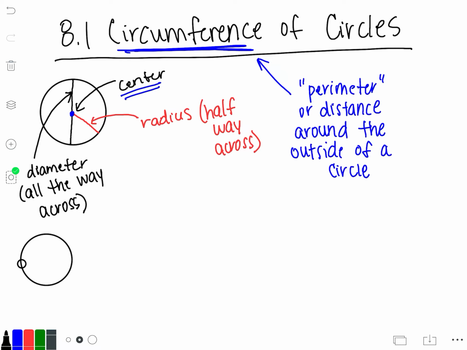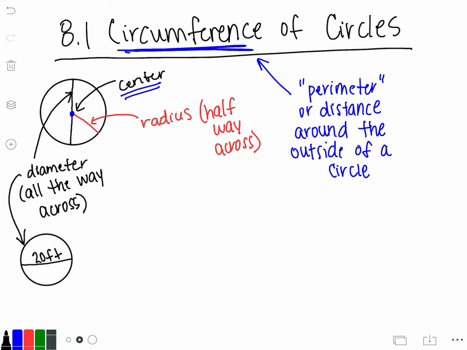Oops, that's not a length. Undo. There we go. A length that looks like this. It's supposed to be straight across the circle. It's all the way across. So again, that has to be the diameter. Let's say that our diameter for this circle is 20 feet.